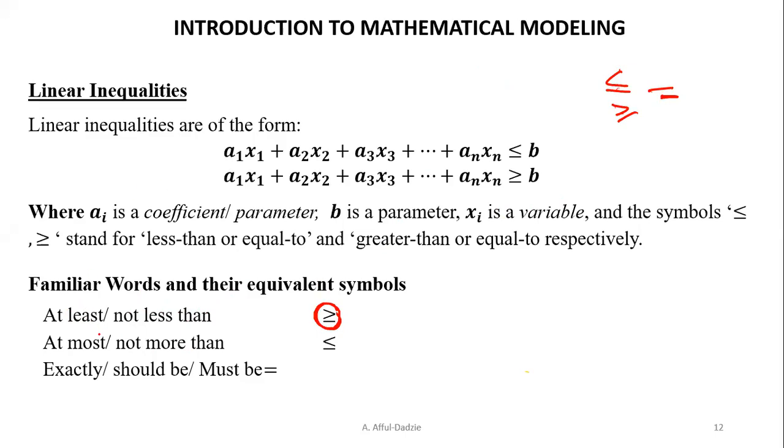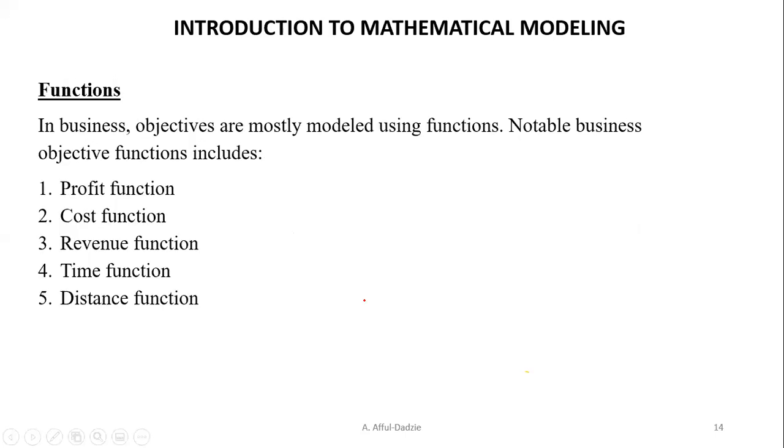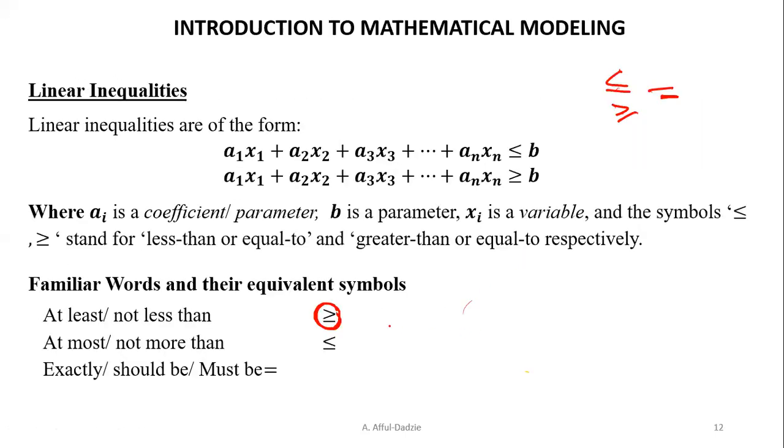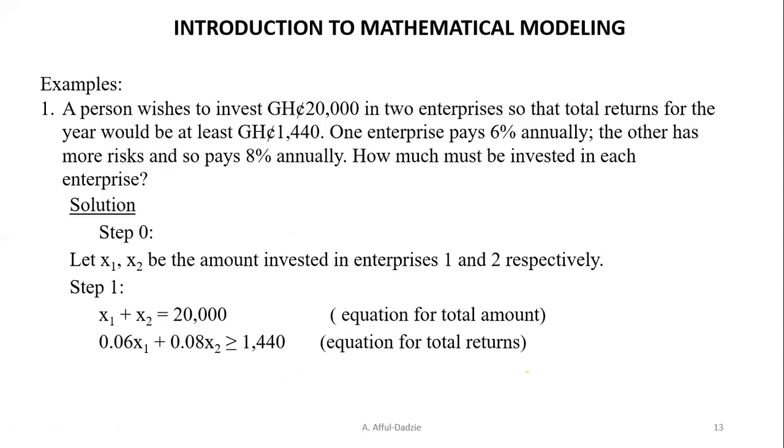When you have at most, you're looking at less than or equal to. We'll see similar examples. And exactly, should be, or must be, means equal to. So you look out for these words in problems and it makes your formulations easy.